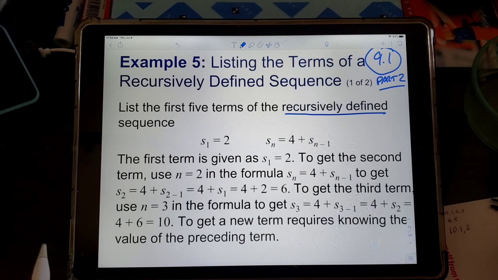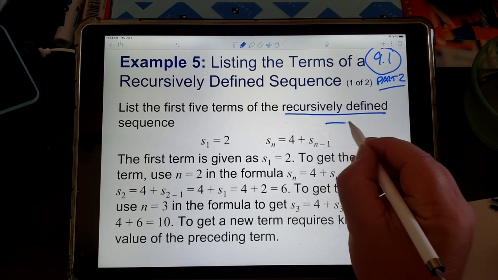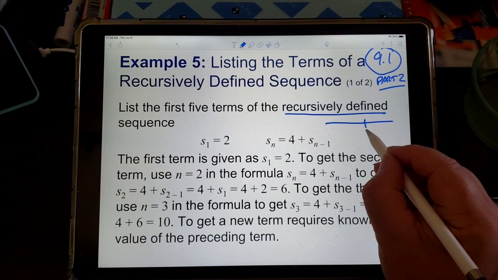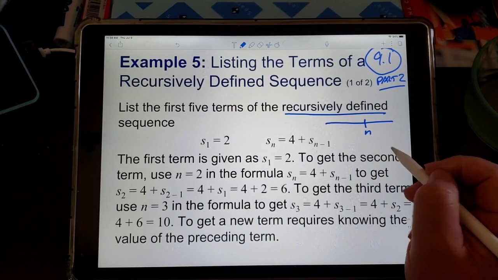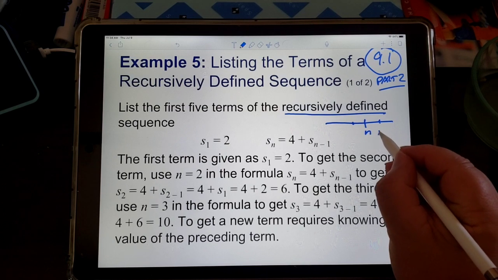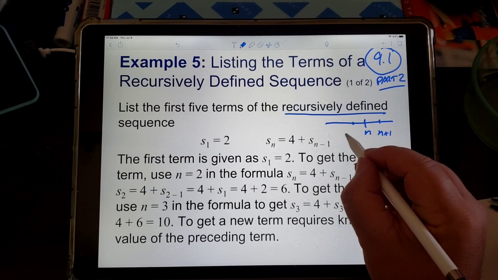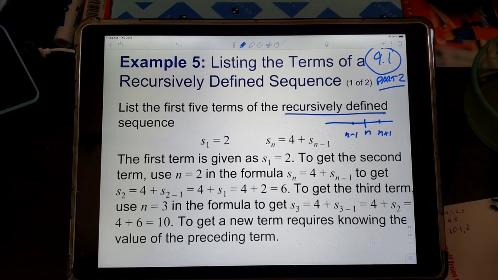So a couple of things I have to tell you about sequences and about what we're doing right now. The first thing is, if I had a number line and I called a point n, the point after that would be n plus 1. The point before would be n minus 1.